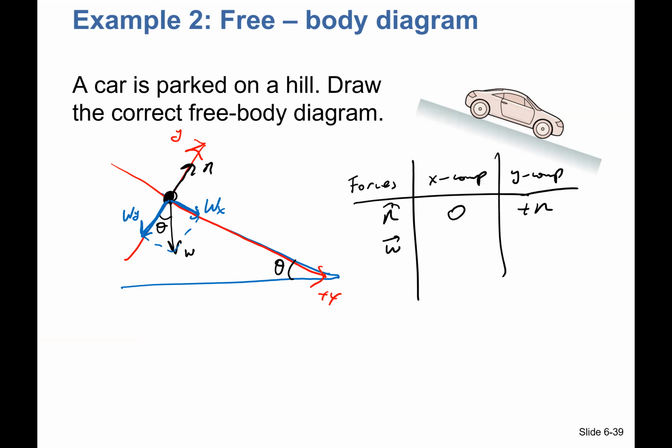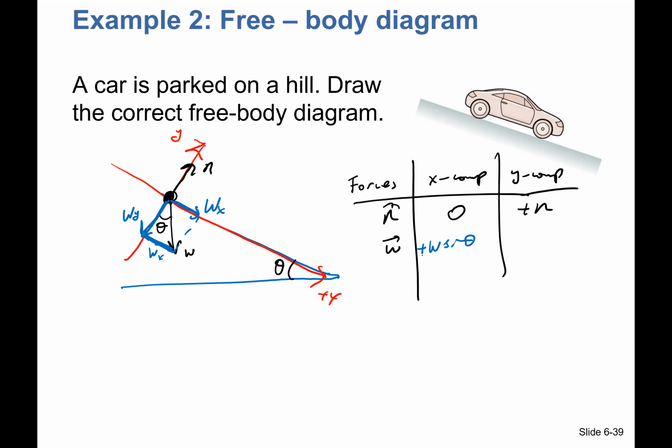So break it down. You can see this theta here is this theta over there. If I move the x component here, it ends up being the opposite side of the triangle. So it's weight times sine of theta, and it's in the positive x direction, so it's positive.